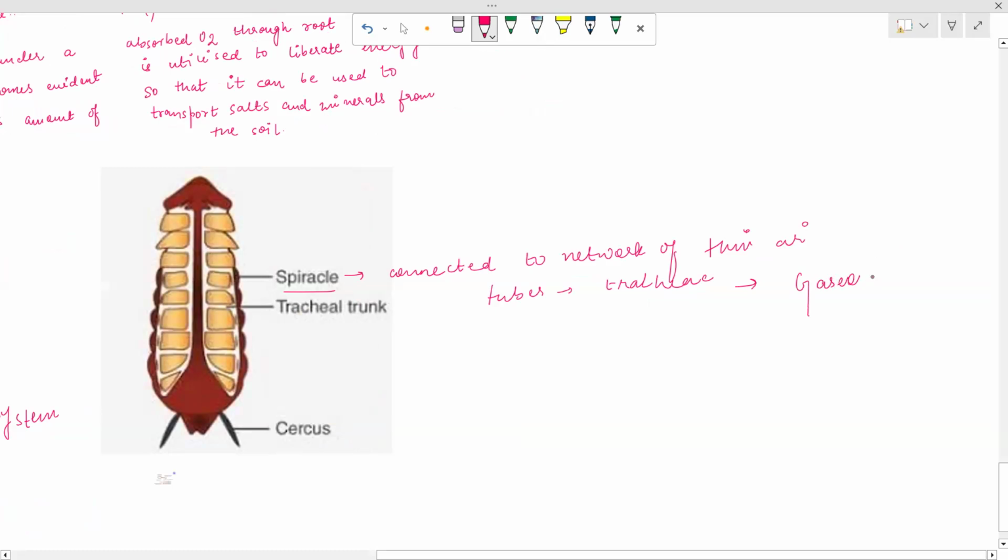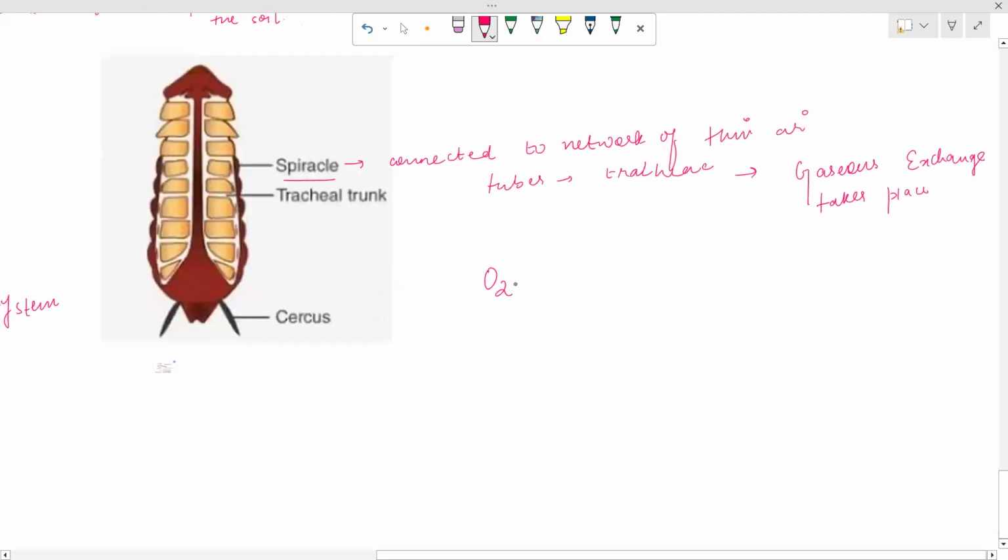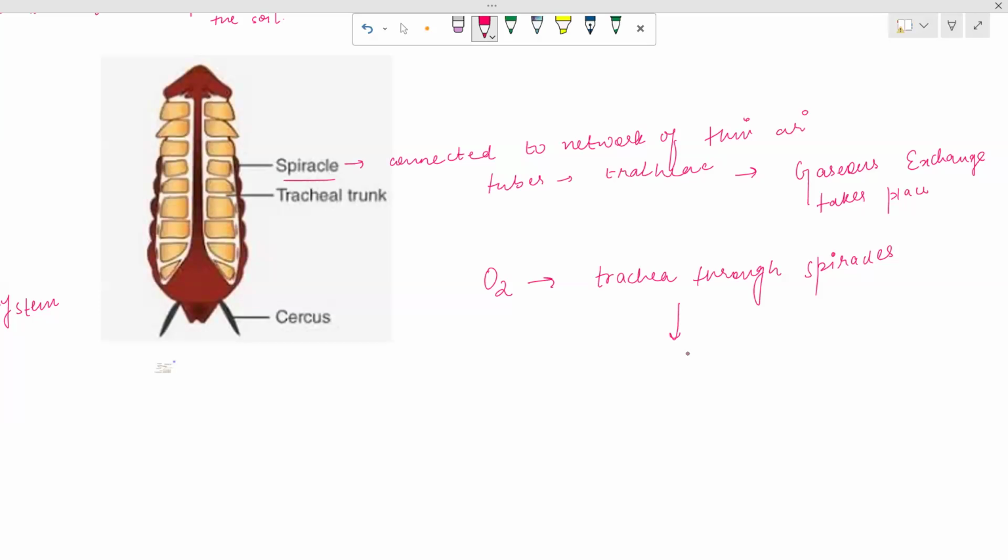Whenever air is entering, meaning oxygen is entering the body, air enters into the trachea through the spiracles and diffuses further to reach every cell of the body. Understood?